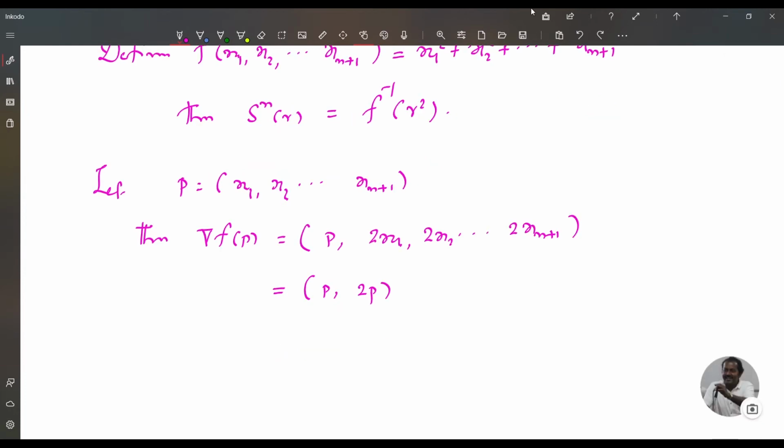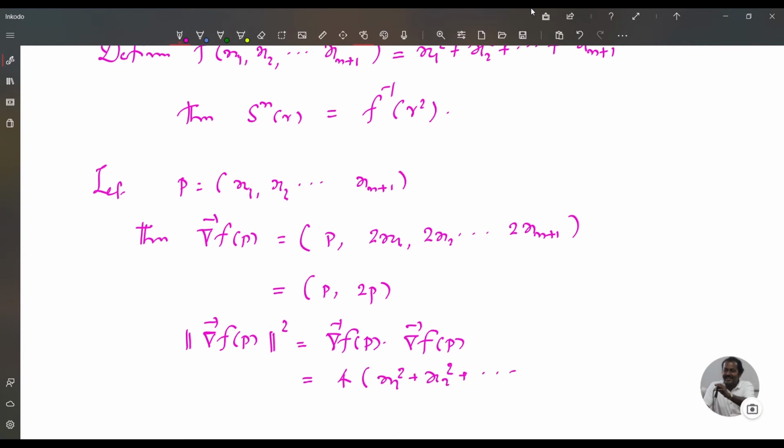The norm of del f of P square is del f of P dot del f of P, which is 4 into x1 square plus x2 square plus etc. plus xn+1 square.